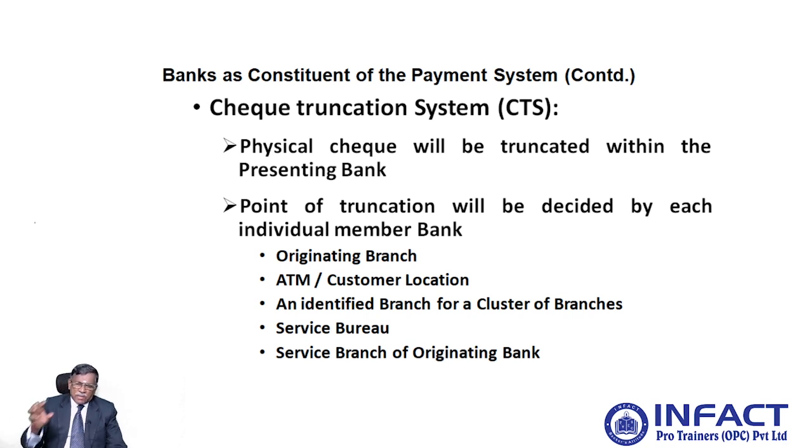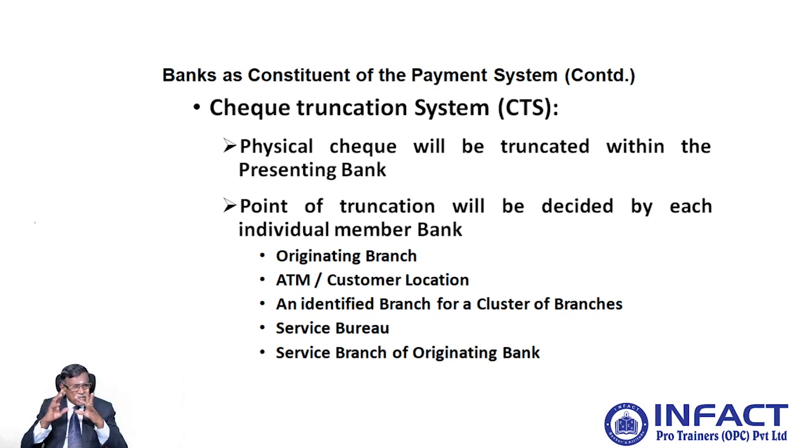So what happens? Each bank will identify a particular office as the nodal point where all these checks collected from different branches get pooled. That particular office is called the service branch. Service branch is nothing but a clearing branch.